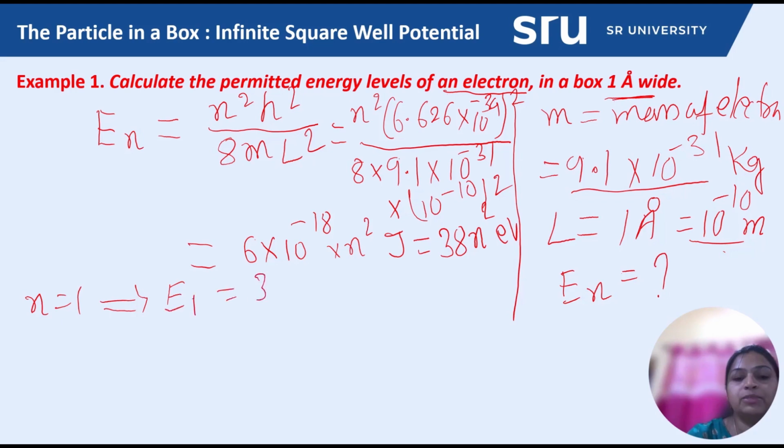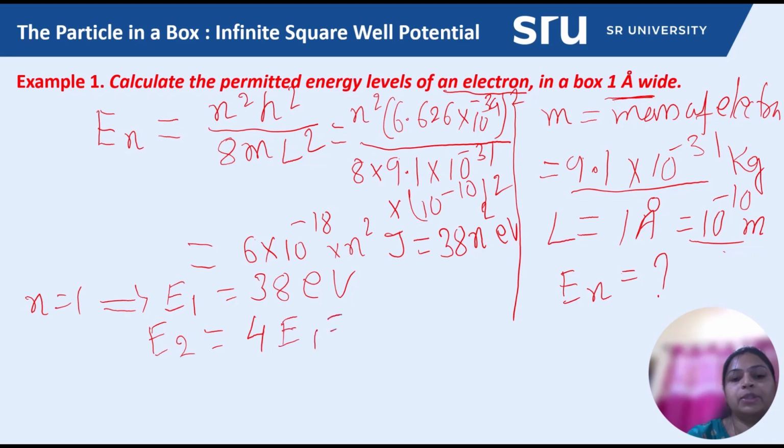So that is basically 38 eV. And now the other energy value like E2, this will be equal to 4 into E1, because n is equal to 2, so 2 squared is 4, 4 into 38, 4 into E1.